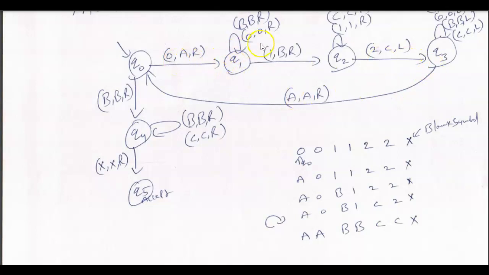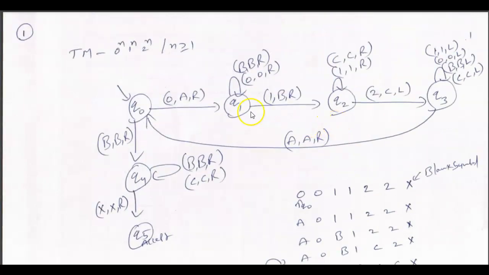This iteration will be done until the number of zeros is exhausted. You can observe that from the second 0 onwards, there will be some B's, because the first 1 was already replaced with B. That's why there may be B's, and we just skip over them.